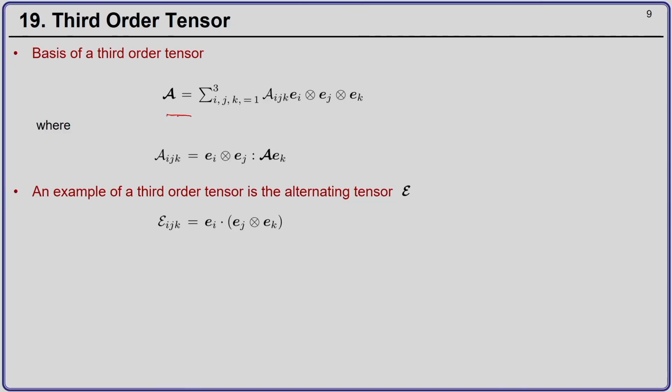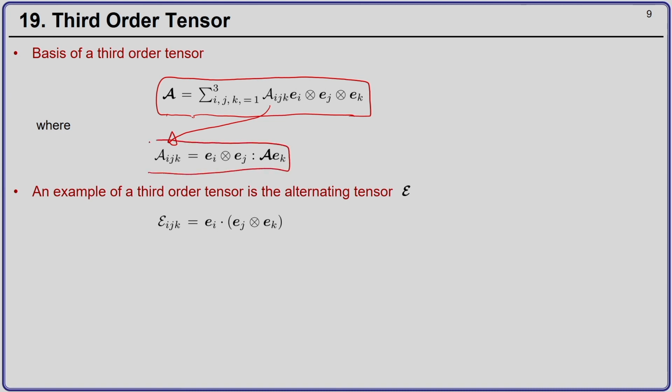A third order tensor A will be the triple summation over i, j, k of A_ijk e_i tensor product e_j tensor product e_k, where the component of this tensor A, that is A_ijk, can be obtained by the following relation. Okay. e_i tensor product e_j double contraction with A e_k. Okay. Now, you can show this also, it is not very difficult.